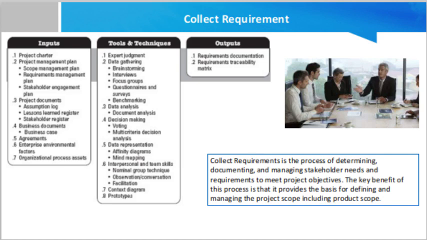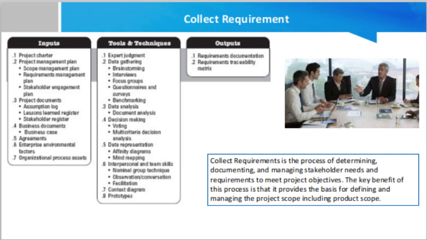Then to extend these requirements, you must talk to all the relevant stakeholders, so you need the stakeholder management plan and stakeholder register. The stakeholder management plan is the output of the plan stakeholder management process, and the stakeholder register is an important output of the identify stakeholders process.